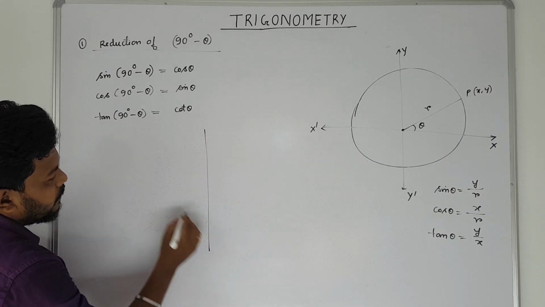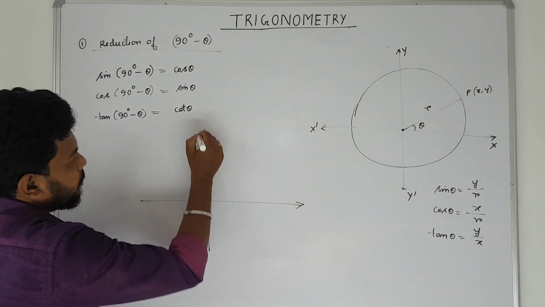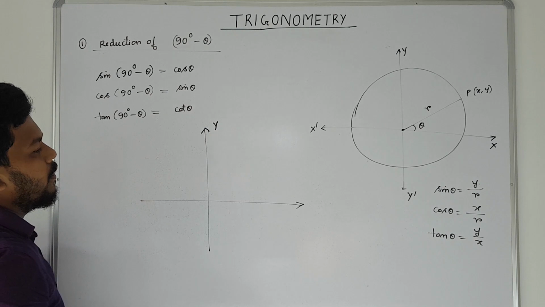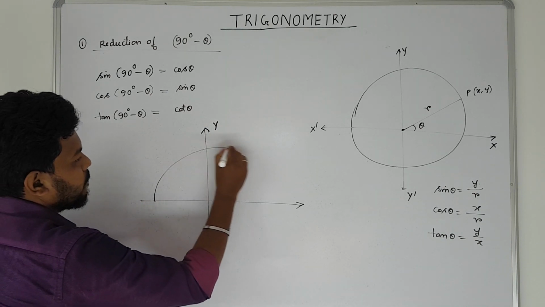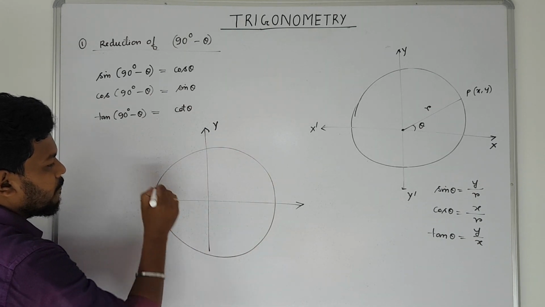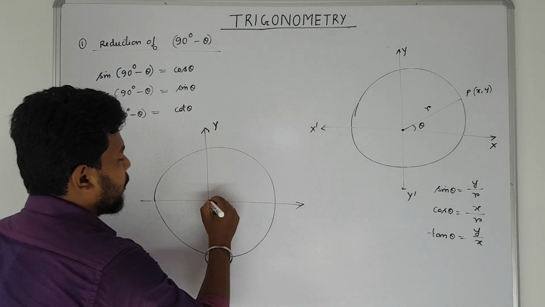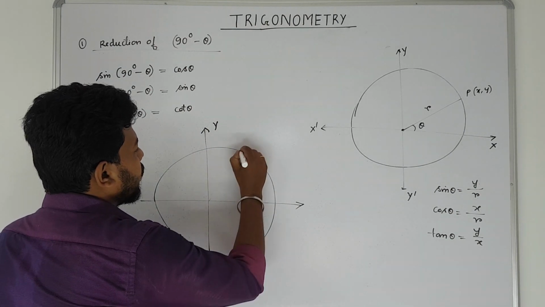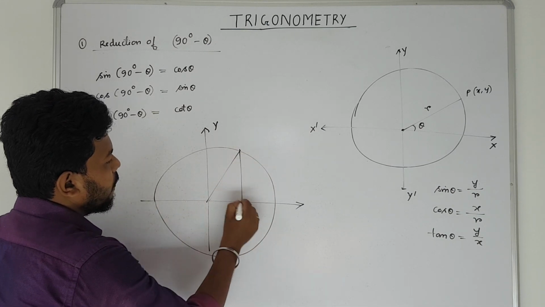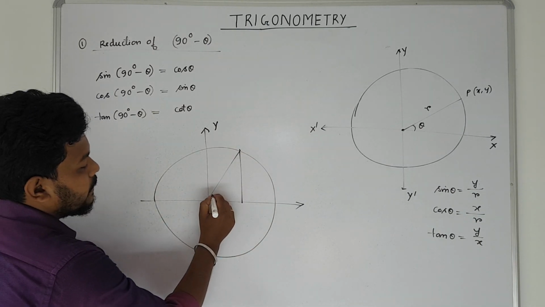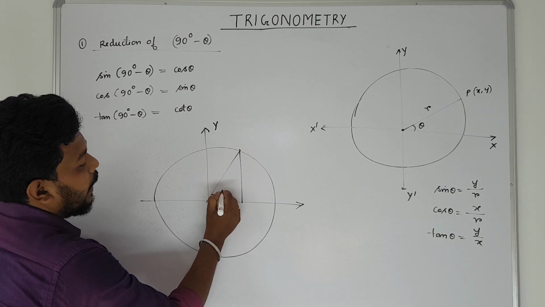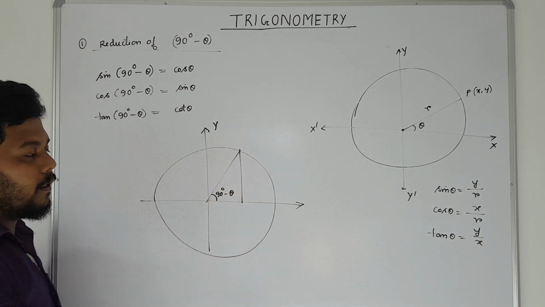Let this be your xy plane, this is a circle with radius r. Let this be a triangle. This angle is 90 degree minus theta.